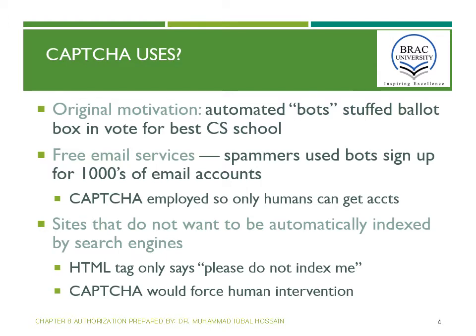It can also be used in a voting system. Say a spammer uses an automated bot to vote for a particular person, automatically casting 1000 or 10,000 votes. To restrict this we need to use the CAPTCHA test. Also in DDoS attacks, they create bots and new network nodes that access a particular website.